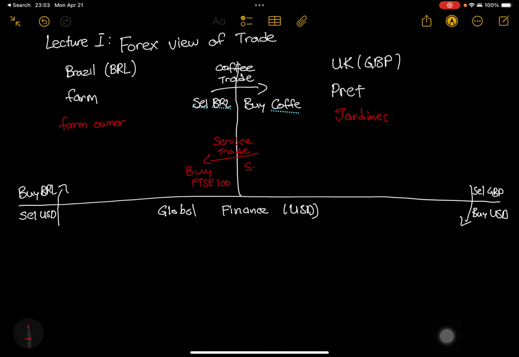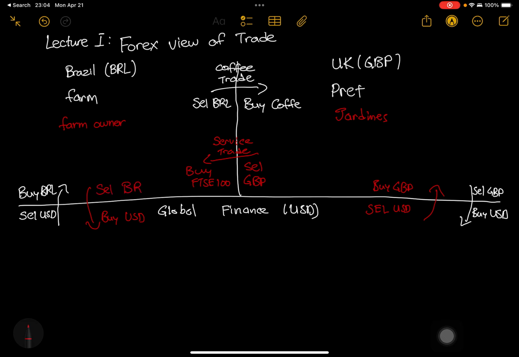Of course, he's selling Great British Pounds to Jardines. And we have a sort of reverse arrow operation here where the Great British Pound needs to be bought in exchange for dollars. The dollars need to be bought for real.